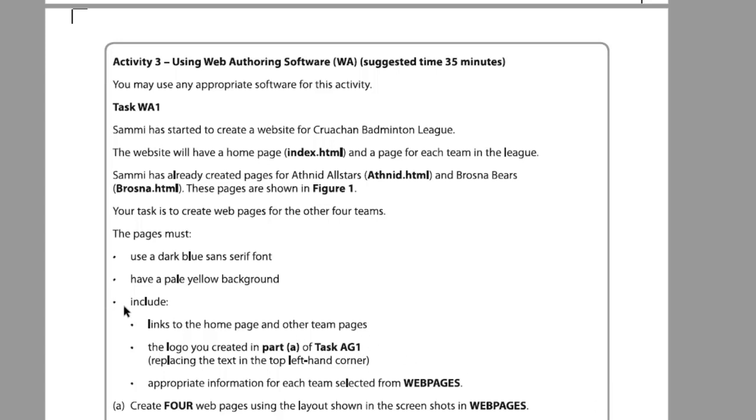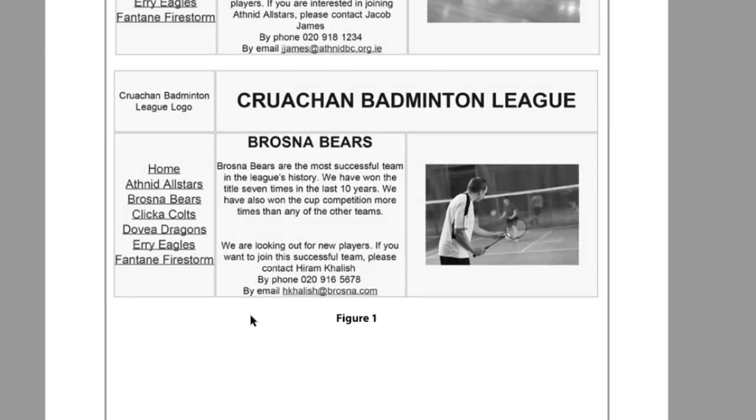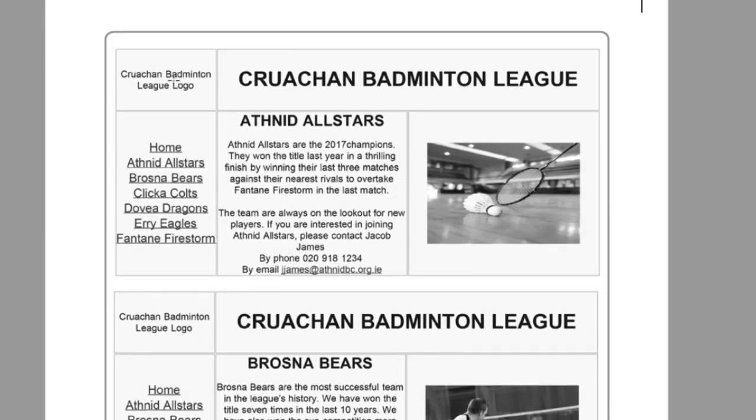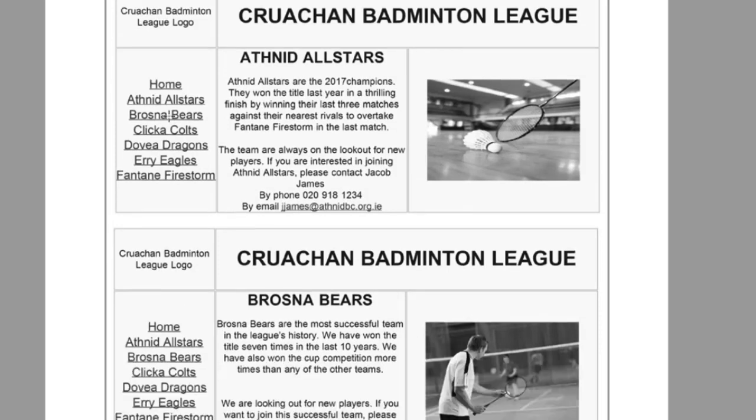Okay, so we are told to include a link to the home page and other team pages. Then there should be a logo, and this logo we are supposed to have created in part A of task AG1, and then this logo is what we will replace whatever is at the top corner, this part here, this text. So this one needs to have a logo there.